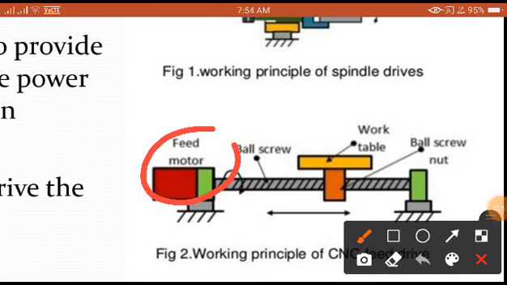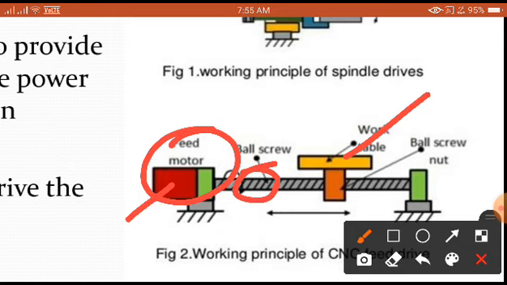Now this is called a feed motor because it is responsible for giving the movement to the work table. Try to understand now. The feed motor is rotated, and this is called a ball screw, a specialized ball screw, which we have discussed especially in the case of guideways, the recirculating roller screws etc., especially in the case of an anti-friction LM guideway.